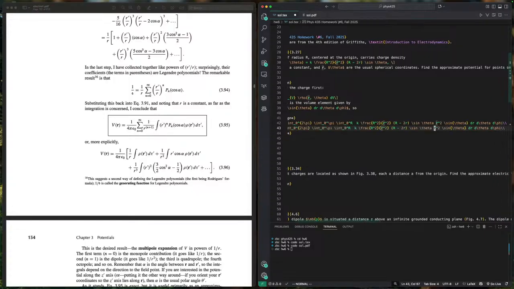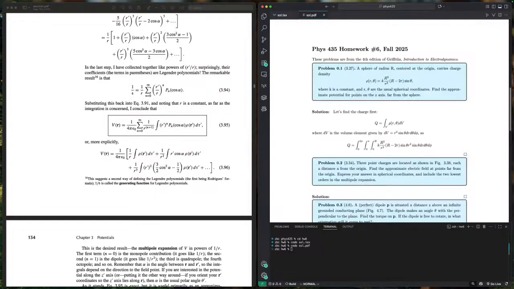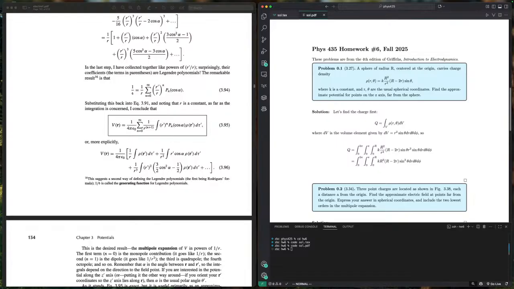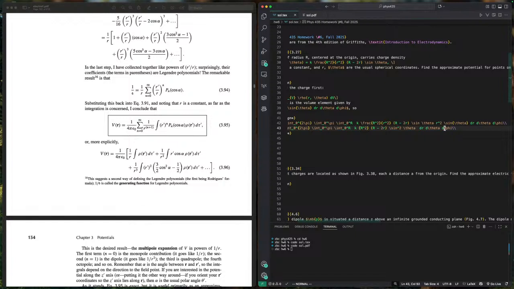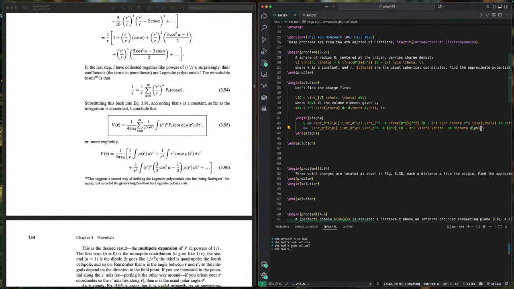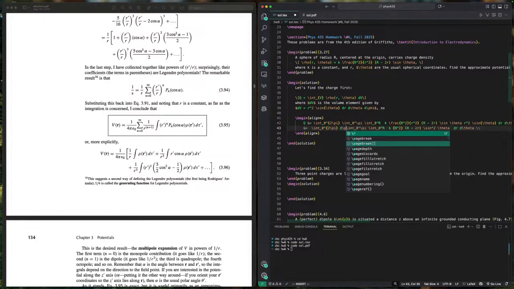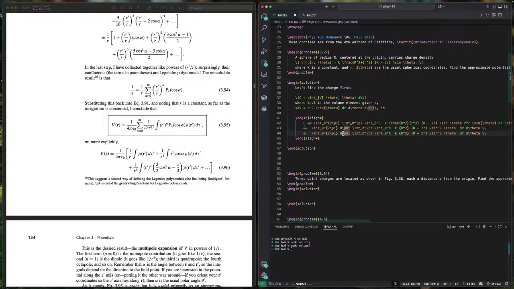So we can absorb the sine theta terms into a sine squared theta, and then we can take away the r squared terms in the denominator. Now let's try again. Okay, and then we can also eliminate the d phi terms, right? Since phi is kind of independent from everything else. And so this also just simplifies into 2 pi.